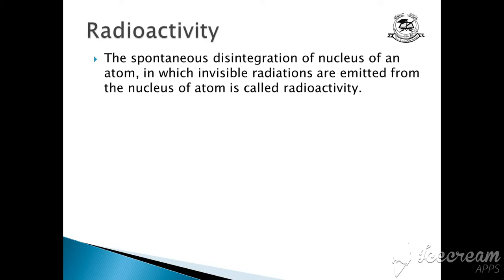I have told you there are some elements that emit invisible radiations. We cannot see those radiations, and due to this disintegration, the atom comes into decay. The nucleus becomes changed.